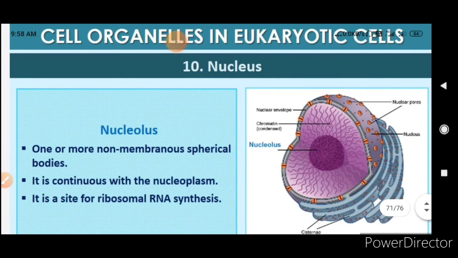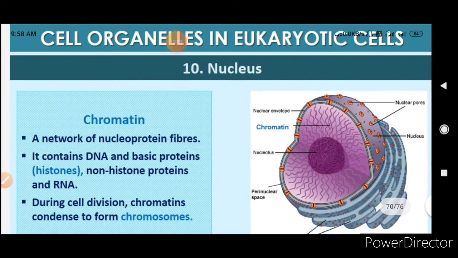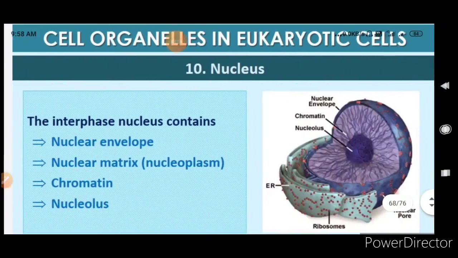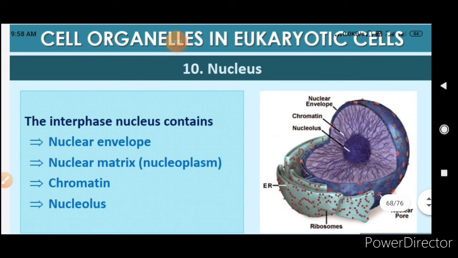We saw the basic components of the nucleus, like nucleolus, chromatin, nuclear envelope, and nuclear matrix, which is nucleoplasm. And we also know that nucleoplasm and cytoplasm give us what? They give us the protoplasm. So when anybody is talking about protoplasm, that person is talking about both the nucleoplasm and the cytoplasm.